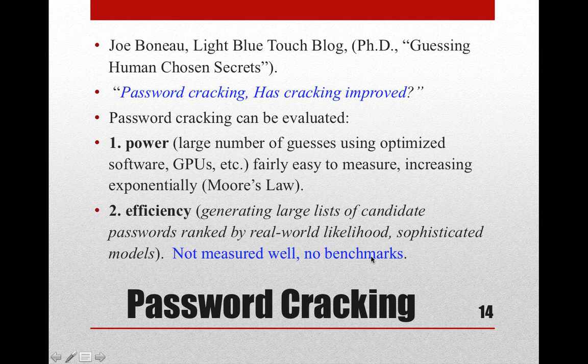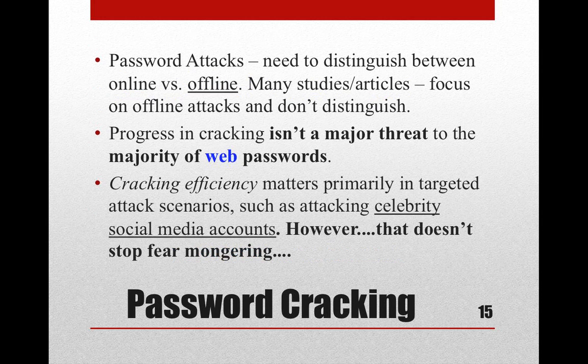And so basically, if you're going to do cracking, you need power, and that's CPU or GPU, and this has been increasing exponentially, as predicted by Moore's law. The other thing is in terms of efficiency, and we're not doing a very good job of measuring this. There really aren't any benchmarks that are used.